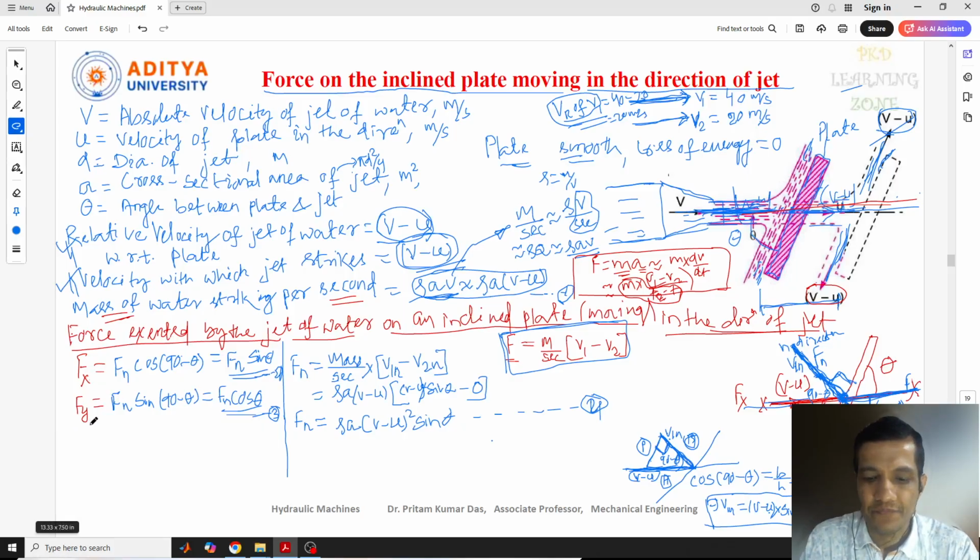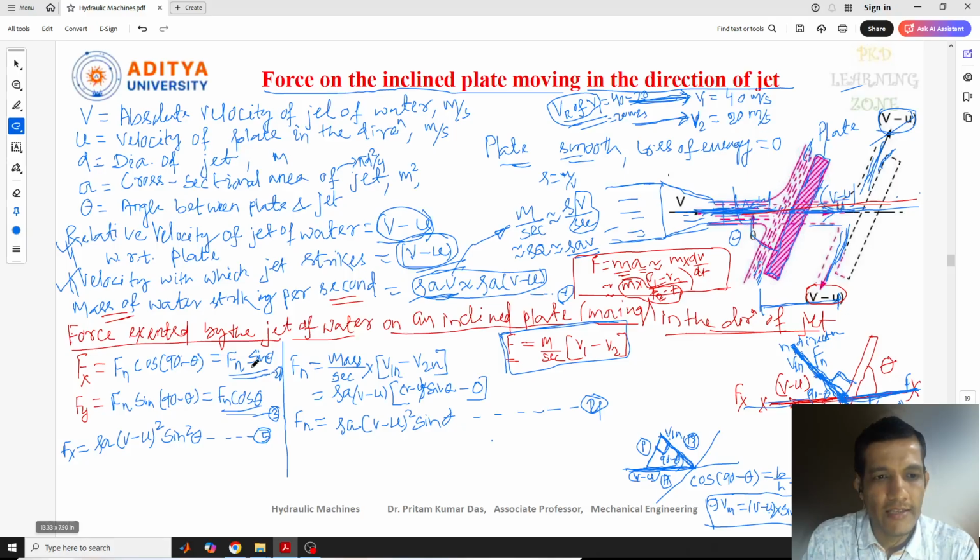Now we'll see what the value of Fx will be. Fx equal to rho a (v minus u) square, just writing the value of Fn here, (v minus u) square sine theta into sine theta. This is nothing but sine square theta. This is our new equation.